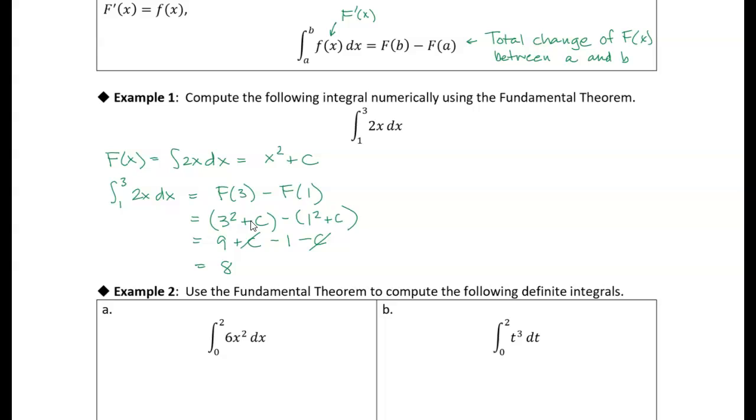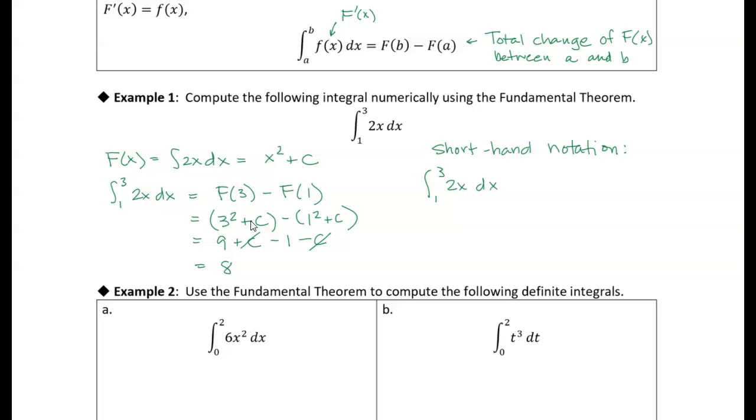Now, there's a shorthand notation that is typically used. So let me write that out the way it's normally done. Notation. All right, so we're evaluating the integral from 1 to 3 of 2x dx.